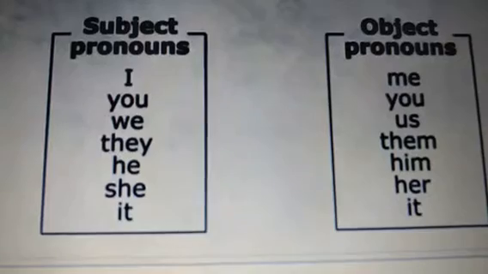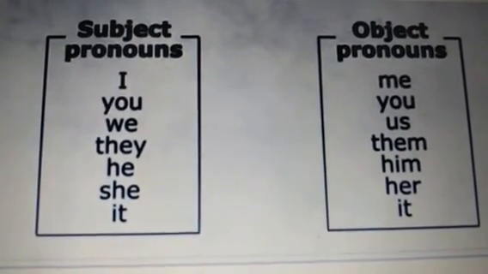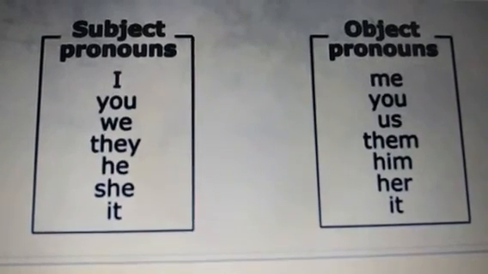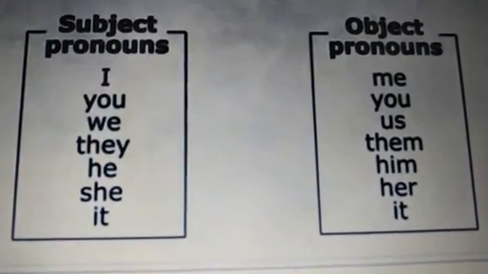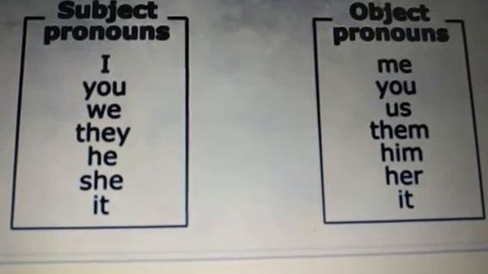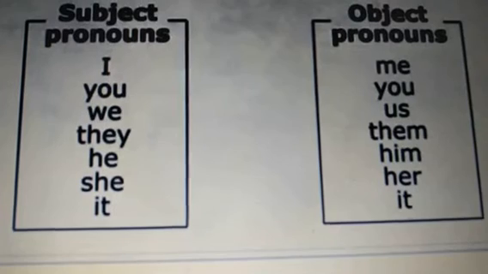So now to replace a noun in the subject position, like Melvin for example, we use what are called subject pronouns. These are I, you, we, they, he, she, and it. As you can see in the visual, these are called subject pronouns. I'll repeat: I, you, we, they, he, she, and it. And to replace a noun in the object position, can you guess what we use?